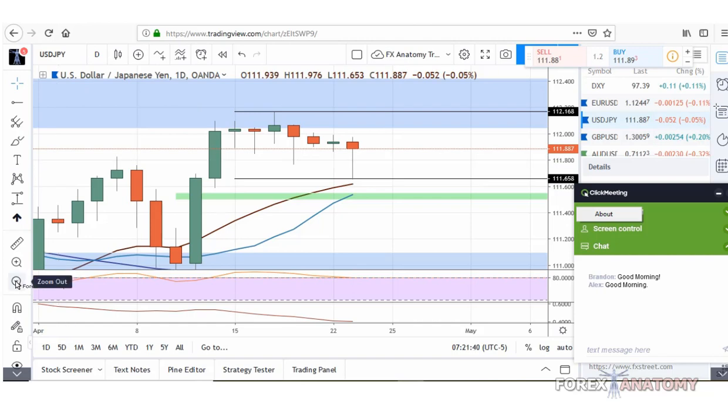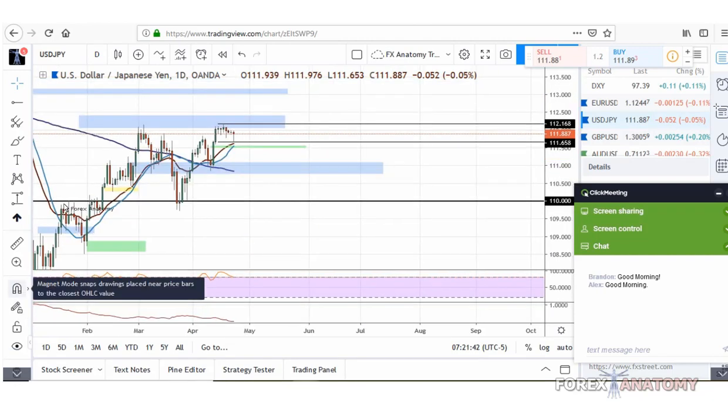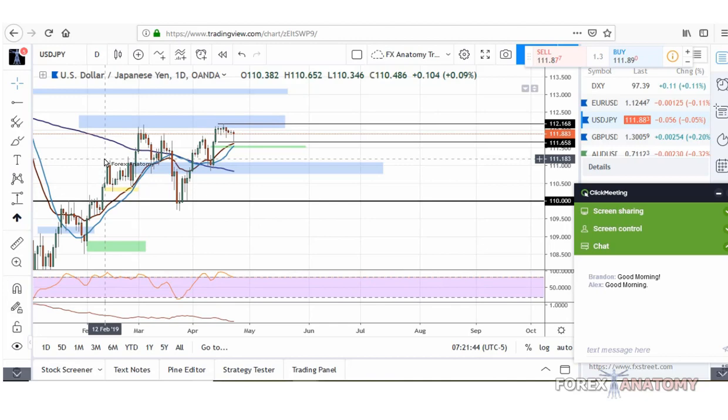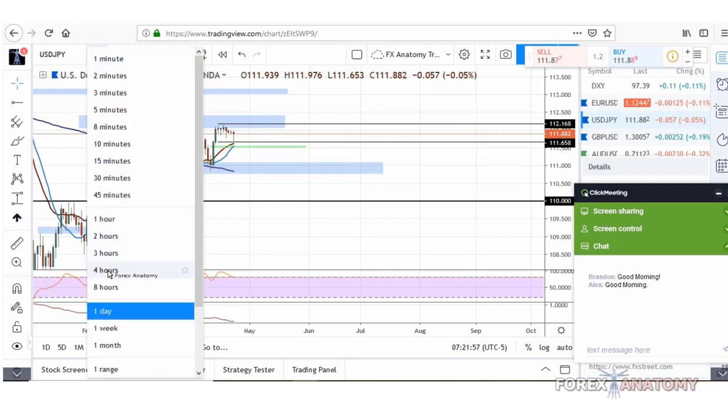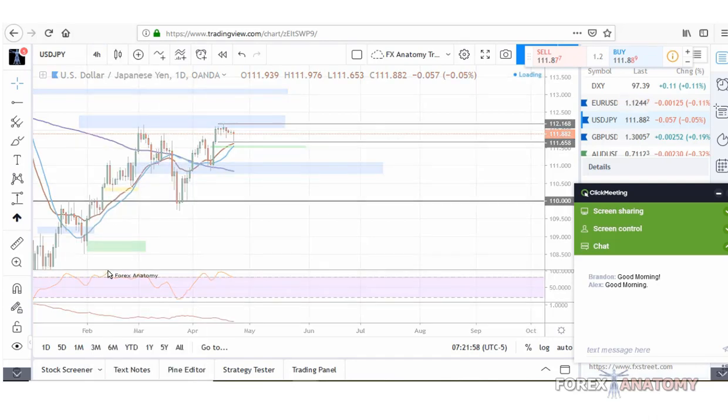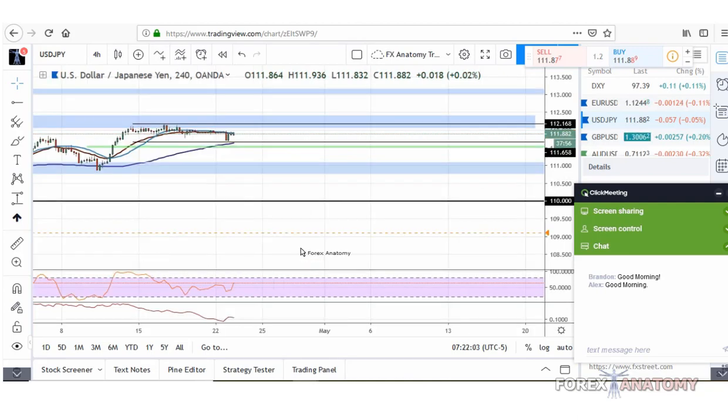Typically, a good rule is to look at the US 10-year Treasury yield just to get an idea, because typically there's a correlation between the US 10-year Treasury yield and the US dollar Japanese yen. You can look at that in your own time to get an idea of what could potentially happen. But for the most part, just like we've said before, if you look at the price action for the US dollar Japanese yen, it's still maintaining that range.